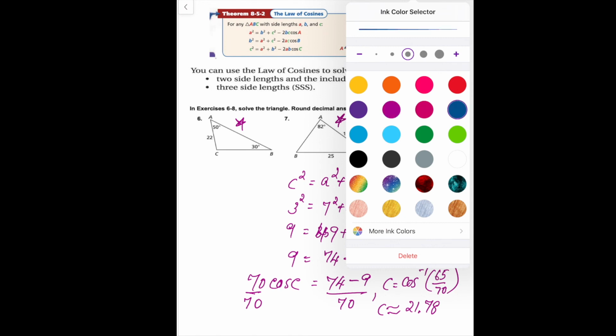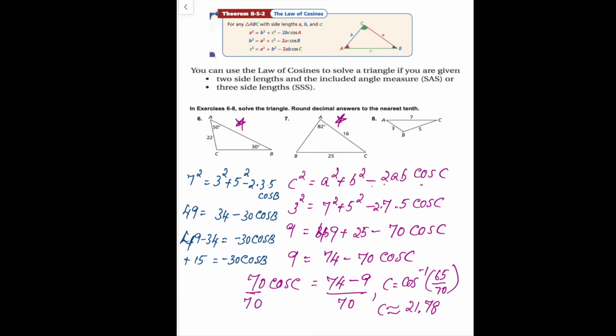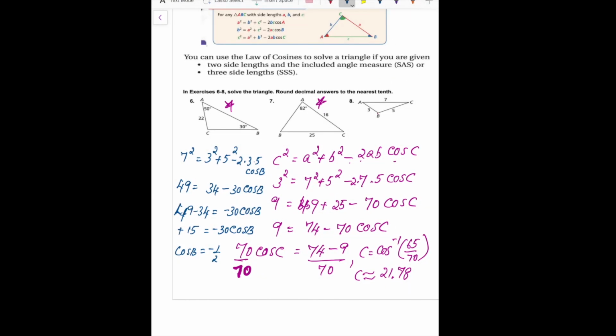So if I'm doing the other side, I will get 7 squared is equal to 3 squared plus 5 squared minus 2 times 3 times 5 cosine B. You can see 49 minus 34 is equal to negative 30 times cosine B, and 49 minus 34 is positive 15, is equal to negative 30 cosine B. So cosine B is equal to negative 1/2.